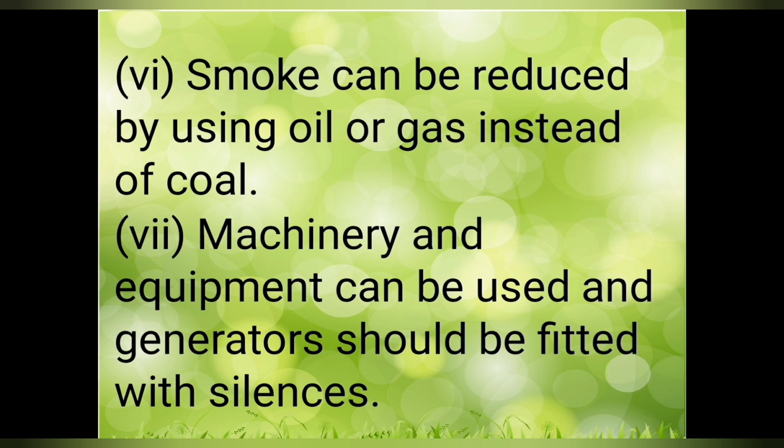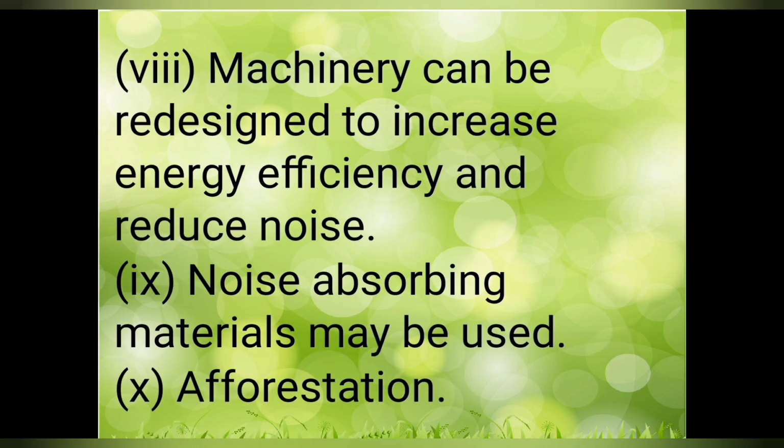Next, machineries and equipment can be used, and generators should be fitted with silencers, by which we can reduce noise pollution. Machineries can be redesigned to increase energy efficiency and reduce noise. Next, noise absorbing materials may be used, especially in industrial factories.